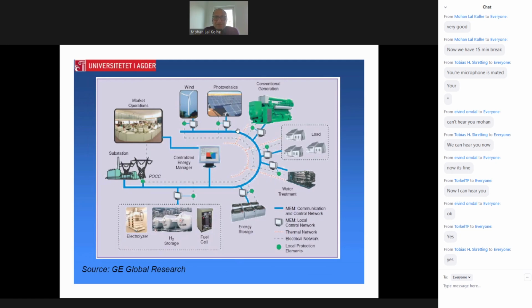If it is a wind turbine, then the power conditioning device and the controller need to work in a very different way because the operational characteristics are quite different. Similarly for the photovoltaic, for the distributed generator, and energy storage also, and for energy storage basically it is going to need a bidirectional controller or bidirectional energy flow management.